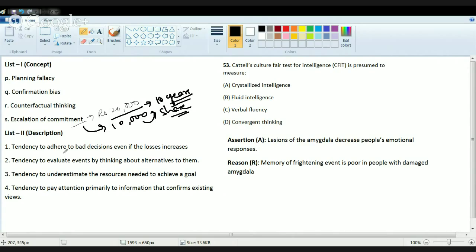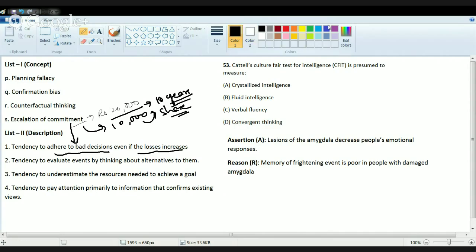So I'm trying to adhere to my earlier decision despite the losses that have occurred. I'm saying, no, I have hope that this share might rise. So I'm trying to adhere to my bad decision constantly. That is escalation of commitment.